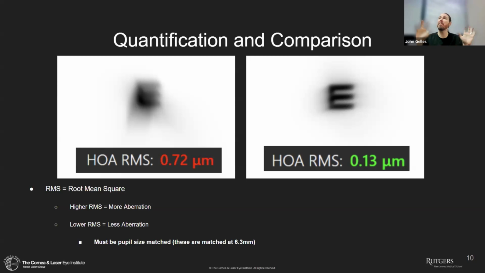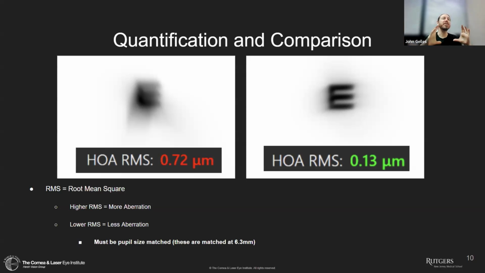Now, if we want to compare aberrations, we need to make sure that the pupil sizes are matched, right? Because if I take the measurement in dim lighting on somebody with a large pupil, and then take that same individual, turn on the lights, and take a measurement after we've shrunk down their pupil, we know we're going to have fewer aberrations just based on that.